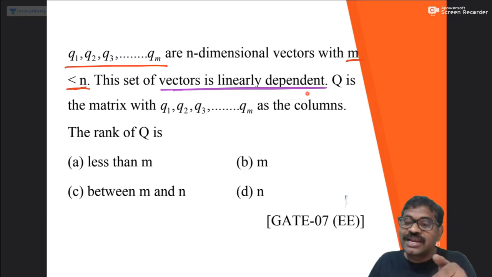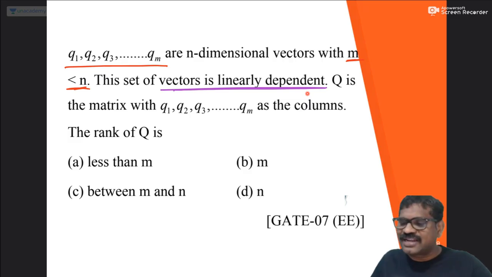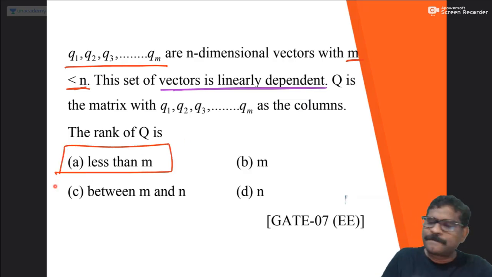The rank is less than 10. Then only they are dependent. Got the point? So it is completely designed based on concept. So what is the answer? Less than m.